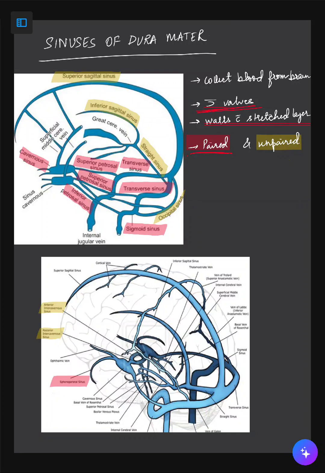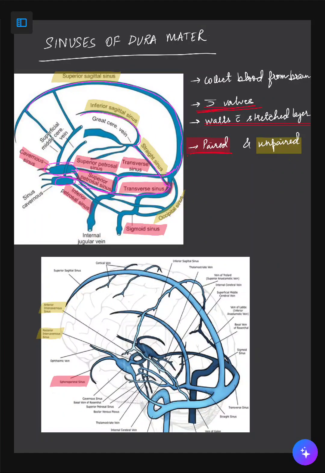Now how does it flow? Superior sagittal sinus, inferior sagittal sinus, it comes to the straight sinus, superior sagittal sinus comes to the transverse sinus. It further moves to the superior petrosal sinus, which meets the cavernous sinus.